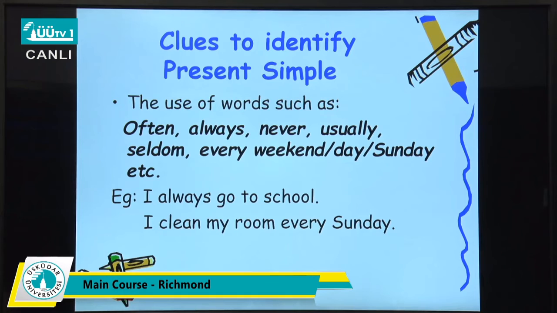But the important point is we should identify these two tenses from each other. There are some clues that we can use. For example, identifying present simple, we can look for words such as often, always, never, usually, seldom, every weekend, every day, every Sunday, or some days.